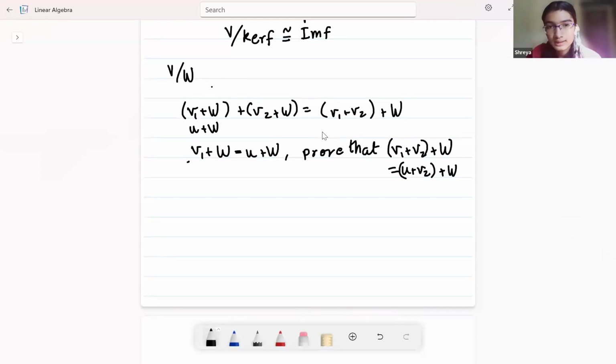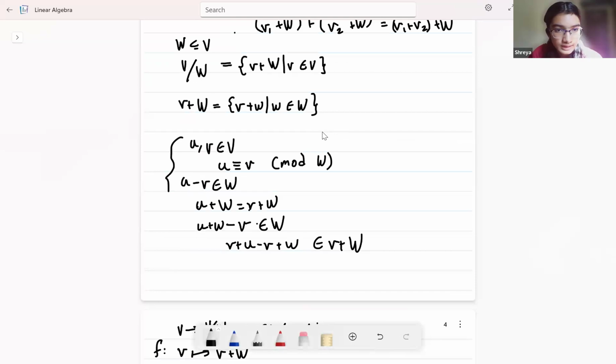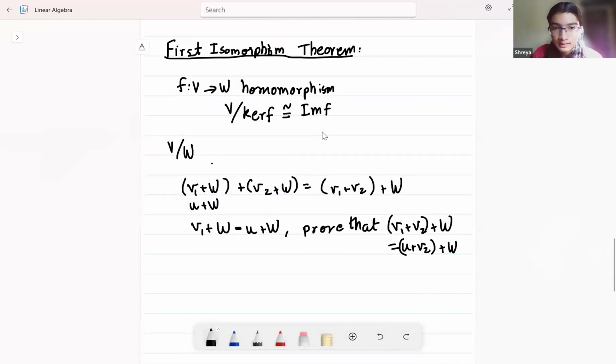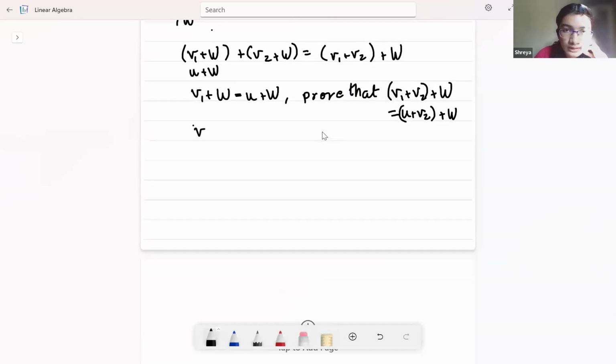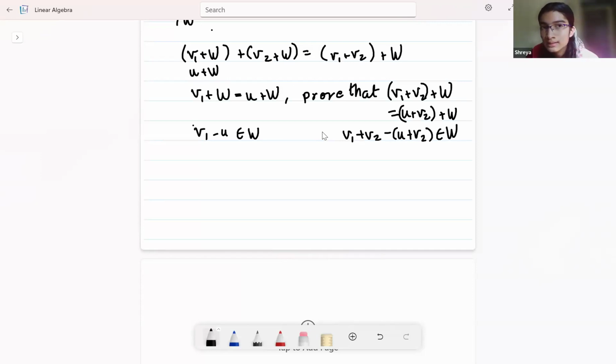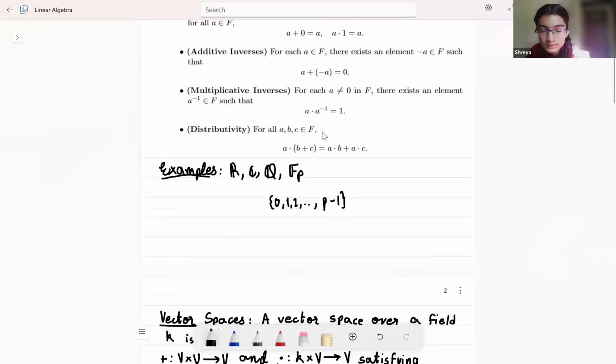Yeah, so for this, like I said somewhere over here, if the sets are equal, then the difference belongs to W. So over here, we have that v1 minus u belongs to W. And what we need to prove is that these two sets are equal, which is just saying that v1 plus v2 minus u plus v2 should belong to W. But now, like I said earlier, vector spaces follow all the usual properties.